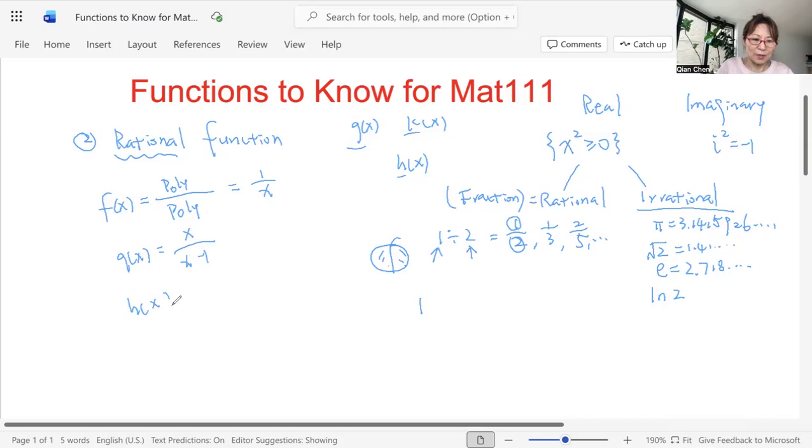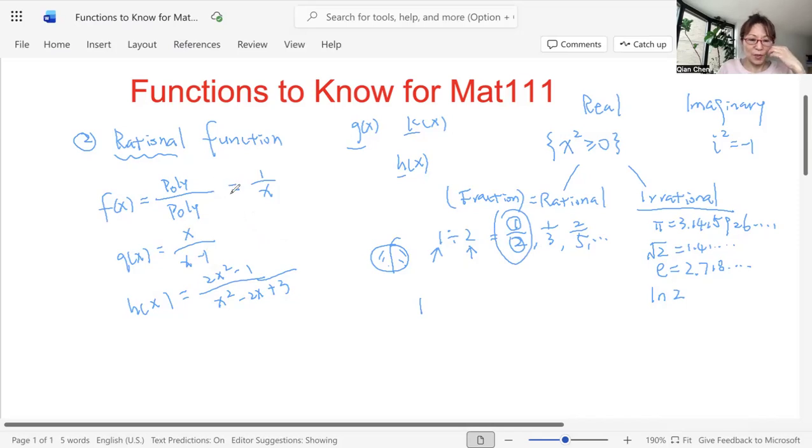For h of x, I could have 2x squared minus 1 divided by x squared minus 2x plus 3, and so on and so forth. So the numerator is a polynomial, the denominator is a polynomial, and we call it a rational function, because it looks like a fraction. I have a numerator and a denominator. So we call it a rational function.